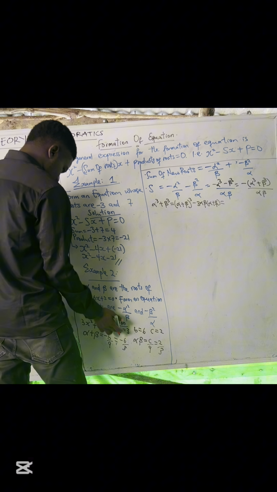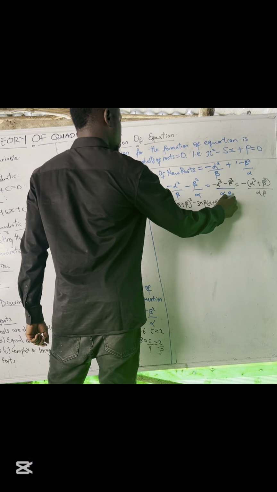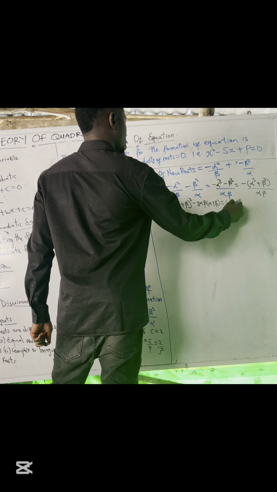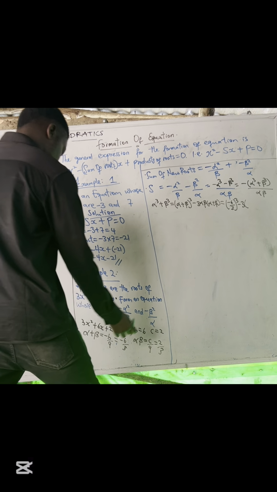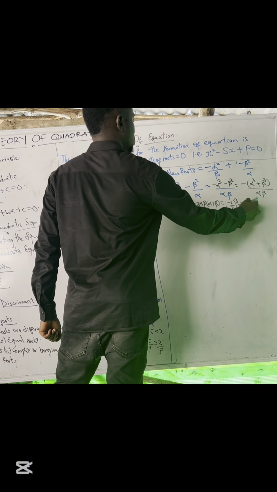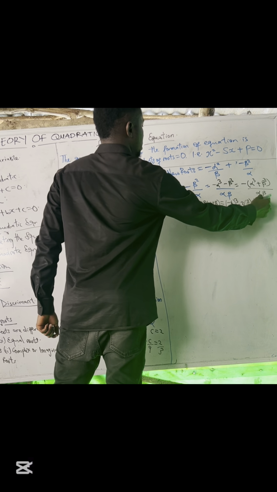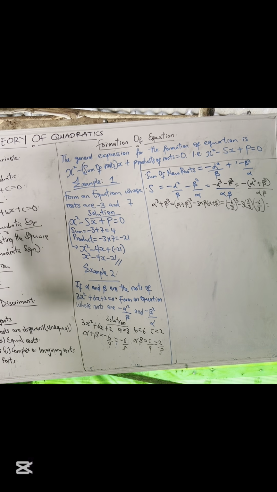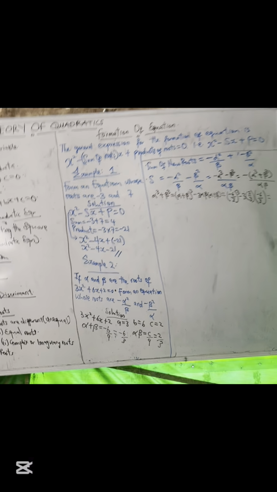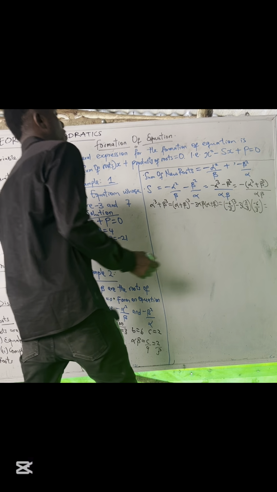Alpha plus beta is minus 6 over 3, all cube, minus 3 alpha beta, 2 over 3, and alpha plus beta, that is minus 6 over 3. So guys, we got minus 4 here.